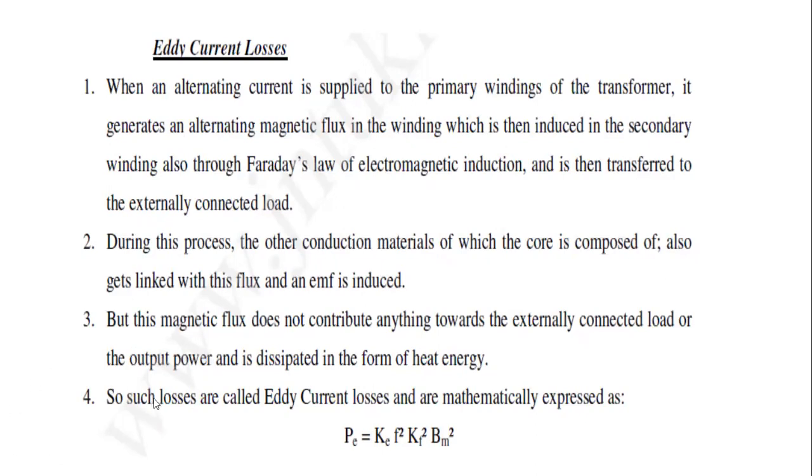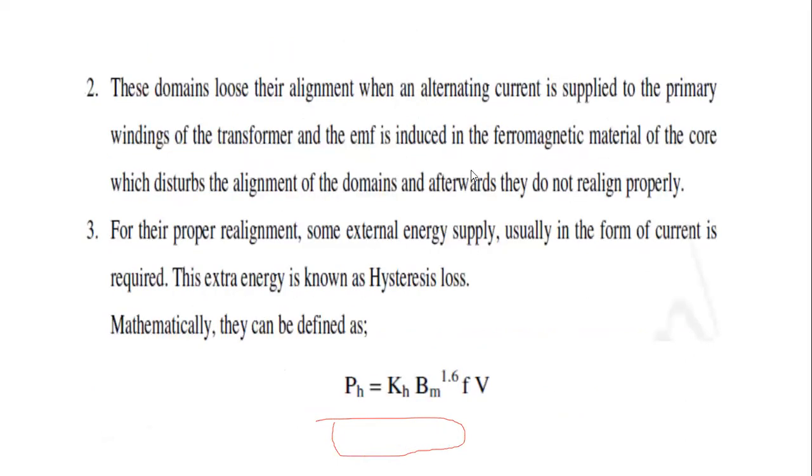eddy current losses. The eddy current losses can be mathematically expressed by a fixed formula, that is PE, the eddy current loss, equal to KE KF squared f squared KT squared BM squared.